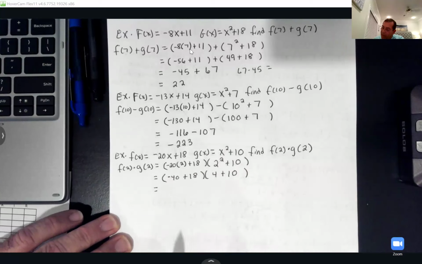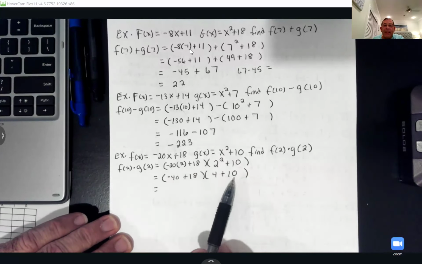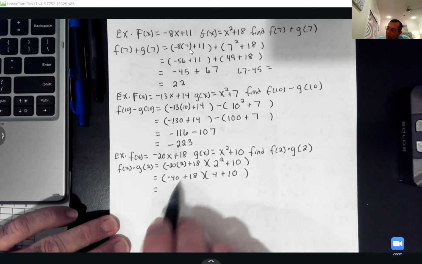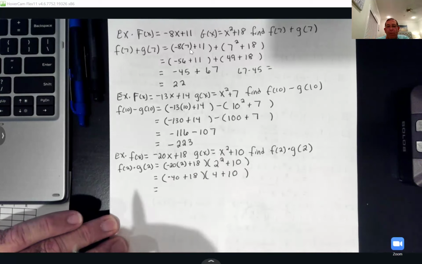Oh, this is going to give me a sort of big number, it looks like. So add these, and once we bring them two numbers out, then we're going to multiply them again, okay?